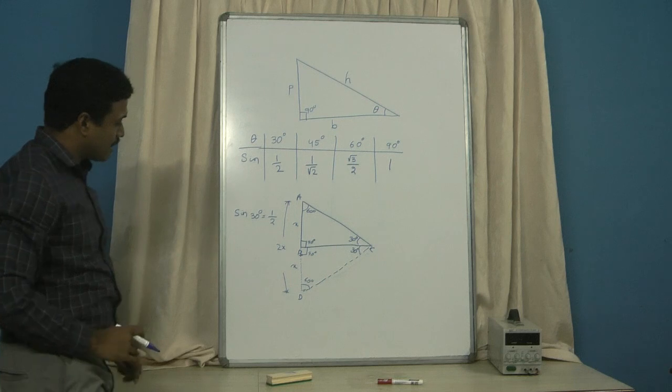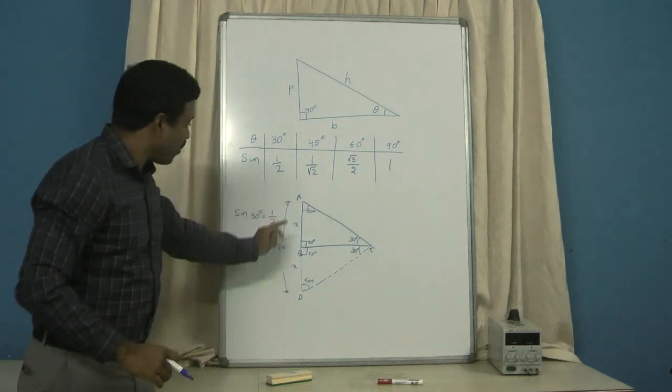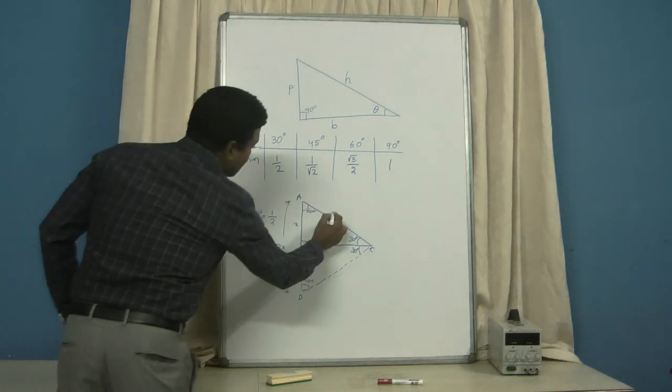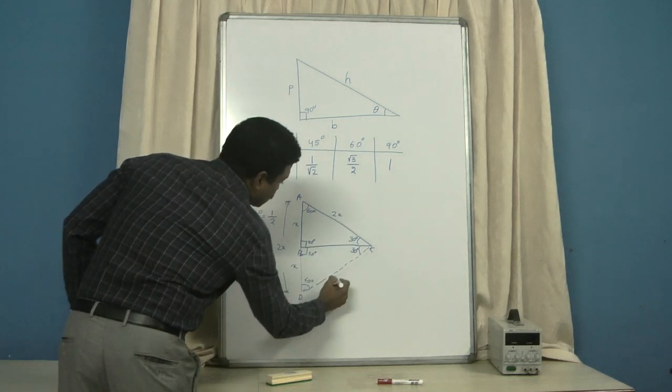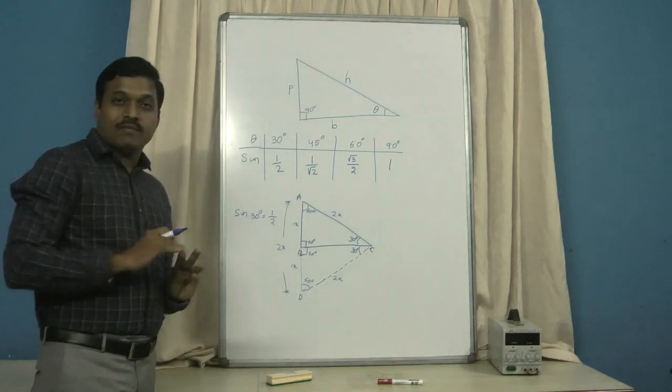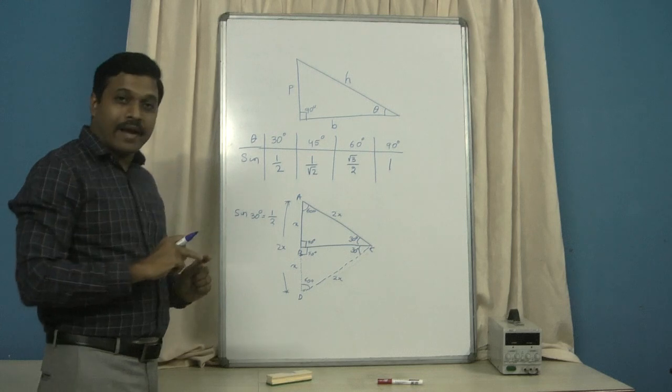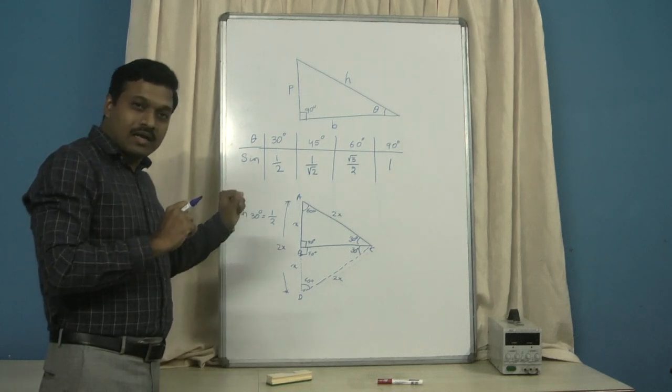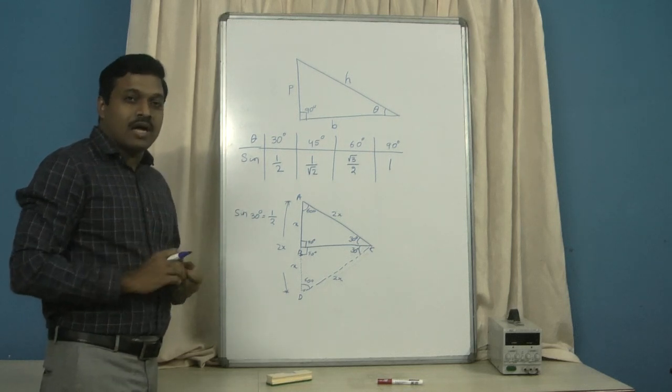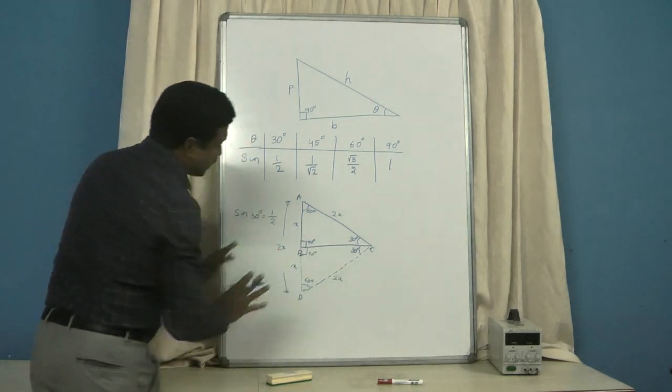Combining them gives 2x. And since this is an equilateral triangle, all sides are the same, so this side is also 2x, this side also 2x. If you have any doubt, you can go back, rewind and replay this video to get more clarity. So this is the scenario.